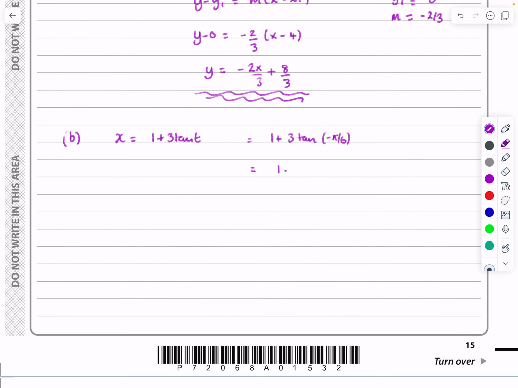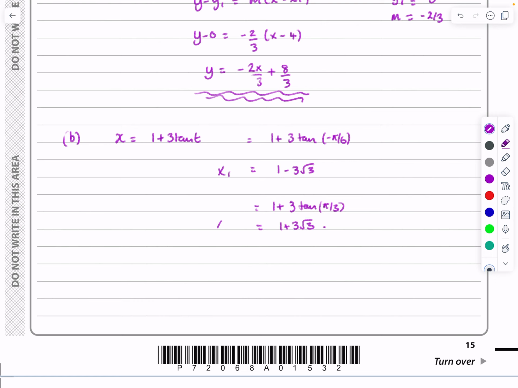And that comes to 1 minus 3 root 3. If I do 1 plus 3 tan, what was the other end limit? Pi over 3. And see what that comes to. That one comes to 1 plus 3 root 3.